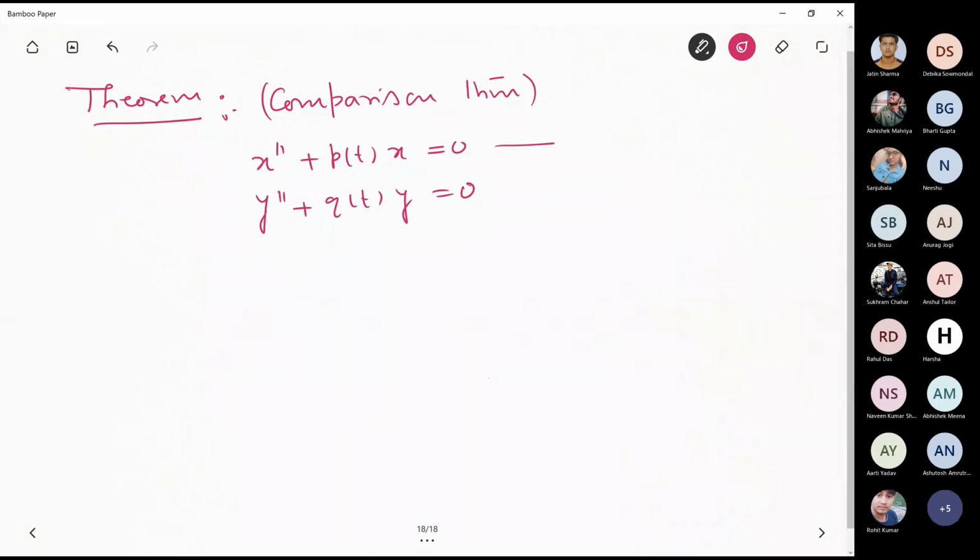Call this 2 and this is 3. Suppose x(t) is a solution of 2 with consecutive zeros at a and b.